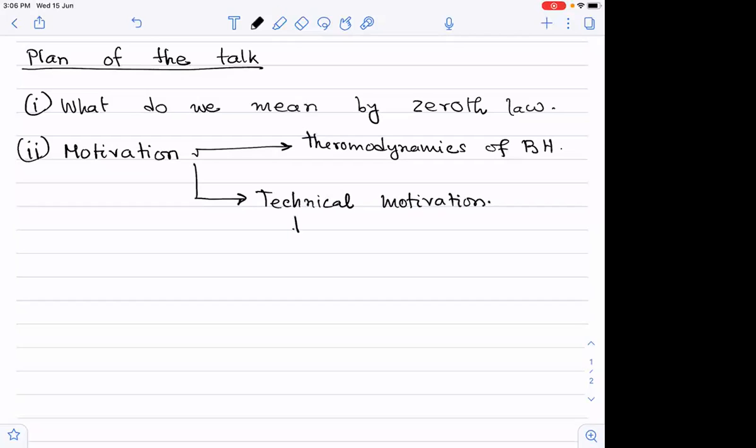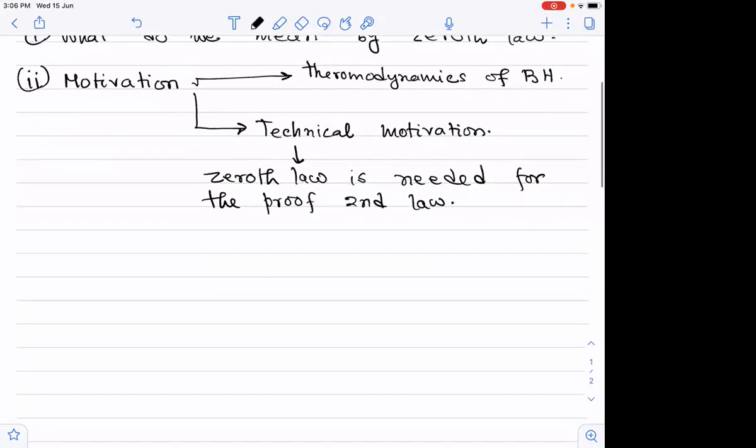And here I'll say that the zeroth law is actually used in the proof of the second law and also probably the first law. So zeroth law is needed for the proof of the second law and first law also, but which I will not elaborate.